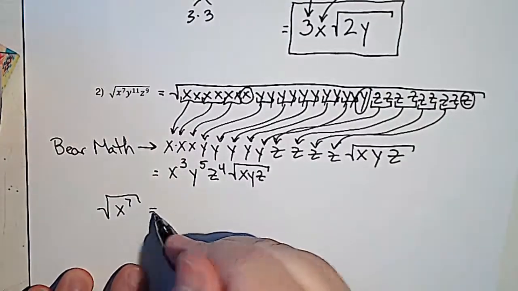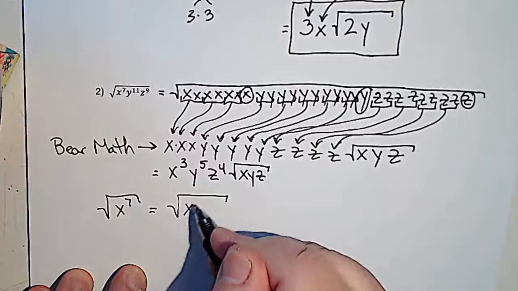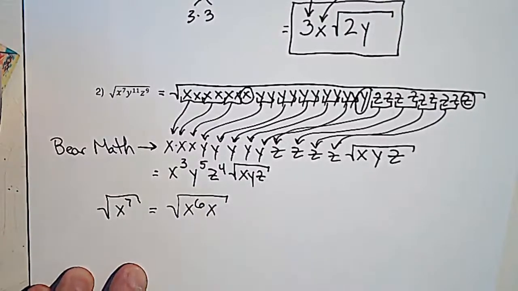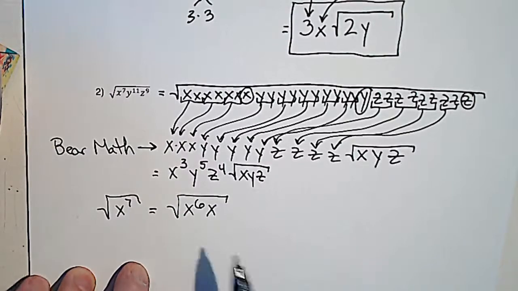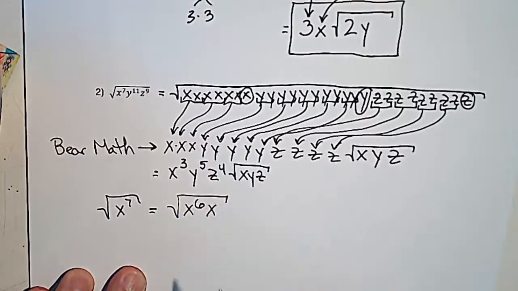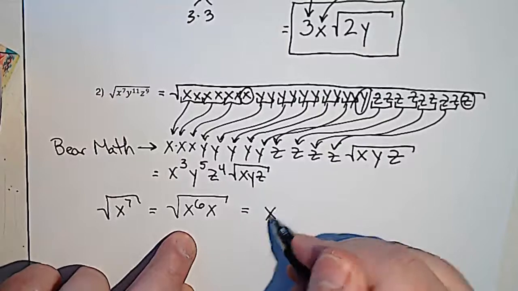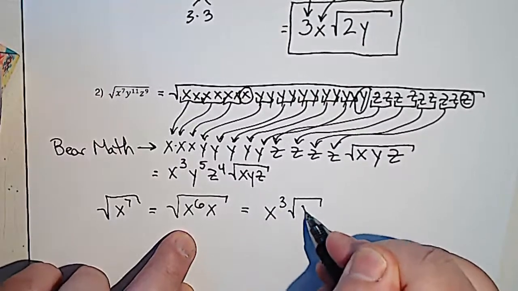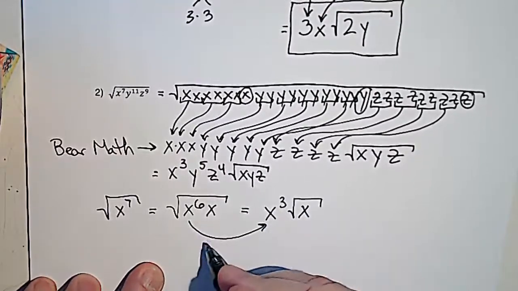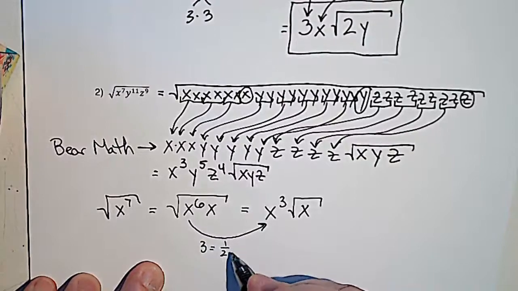I'm going to say, this is just x to the 6th times x. And then I'm going to remind you that the square root, this radical, principal square root, is actually just an exponent of 1/2. Notice that 3 is 1/2 of 6.